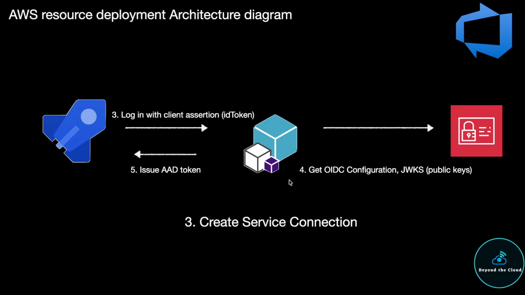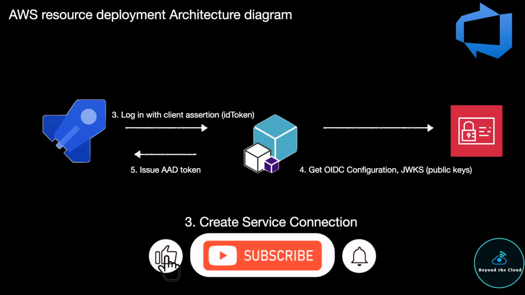Then our pipeline will go to the OIDC connector, and it will say that, okay, I have to go to AWS for the identity and access management service, and then it will give me a temporary token or JWT token so that I can deploy resources to AWS, and then that particular token will be given back to our pipeline to deploy resources to AWS. And whenever the service connection is done, then we will create the pipeline so that our pipeline is triggered from our GitHub repository and it can deploy resources.